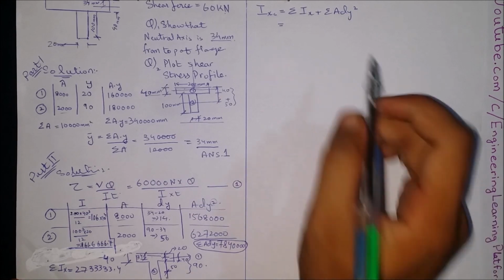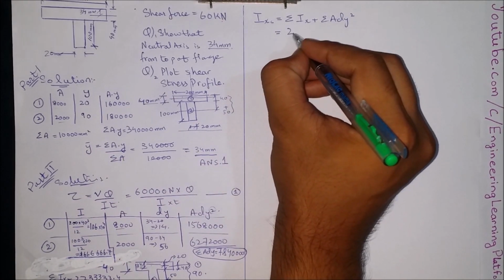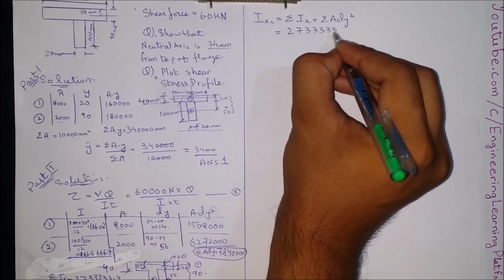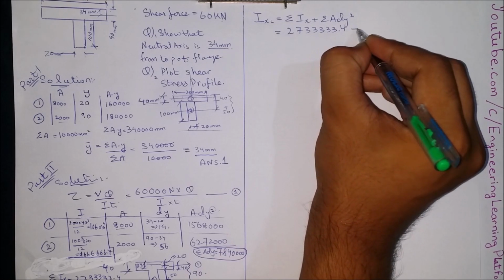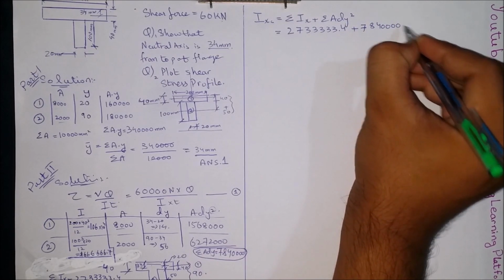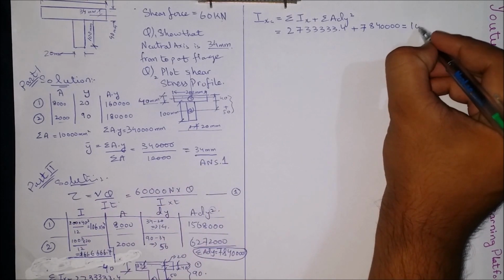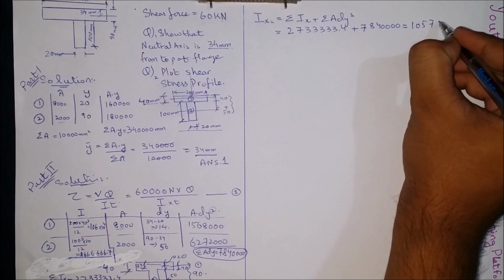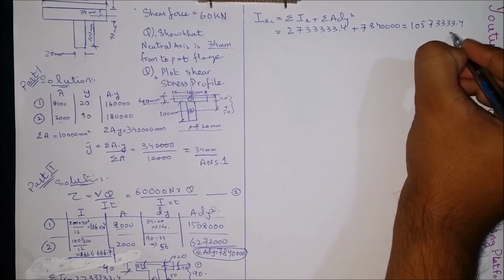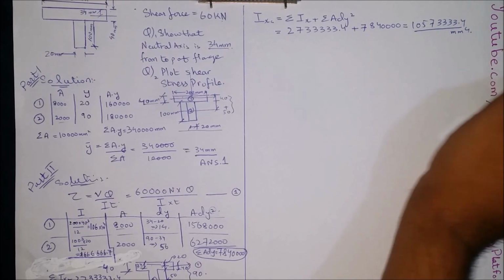Substituting these values in the formula for calculating the whole body centroid, we get a value of 10573333.4 millimeter^4. That is the moment of inertia of the whole body.